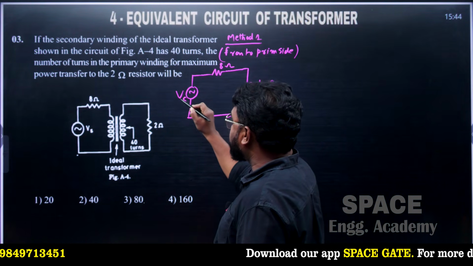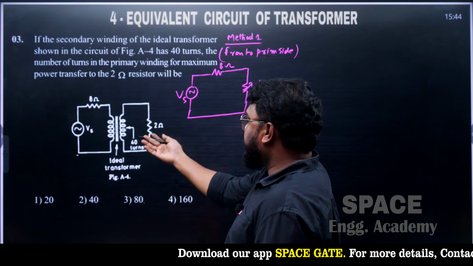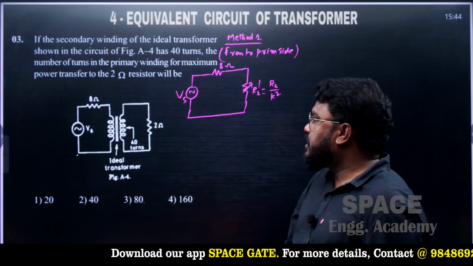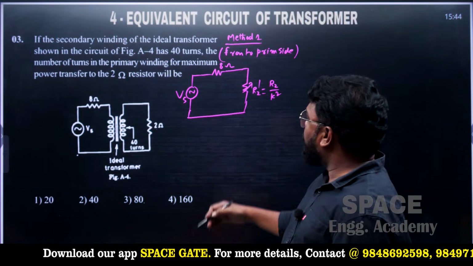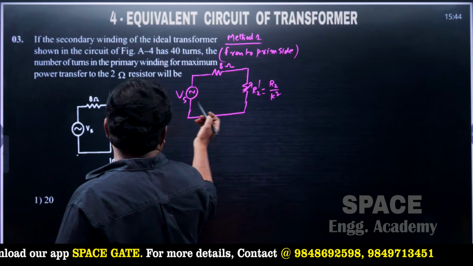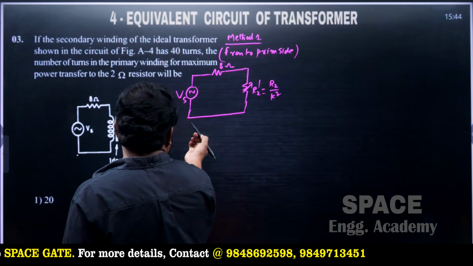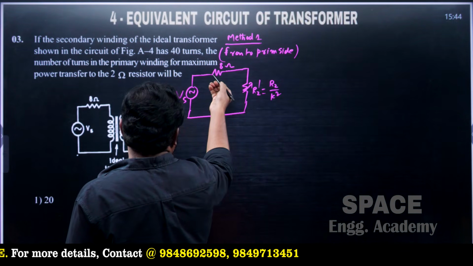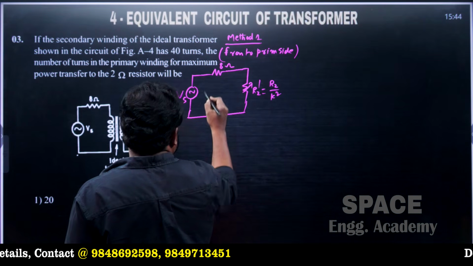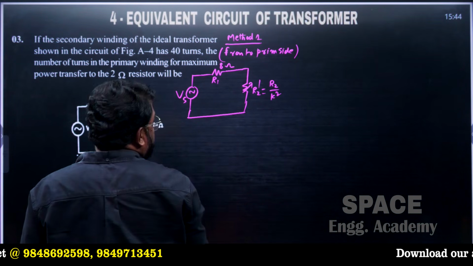So it is a supply voltage with primary turns, and secondary turns are 40. What is the condition for maximum power transfer? The source resistance is equal to the load resistance. I'm considering this one as R1.